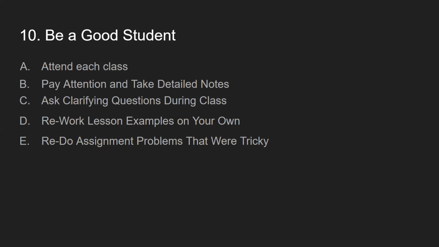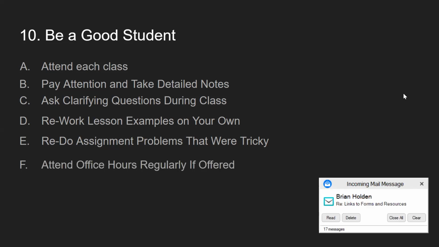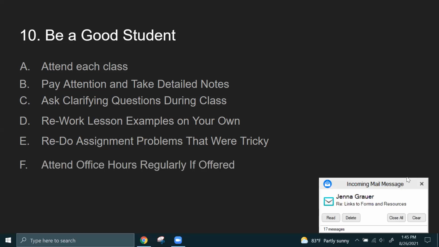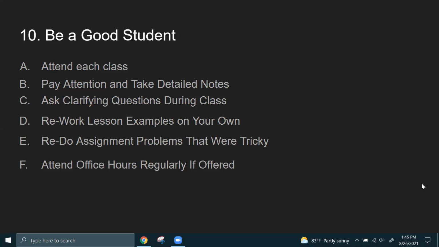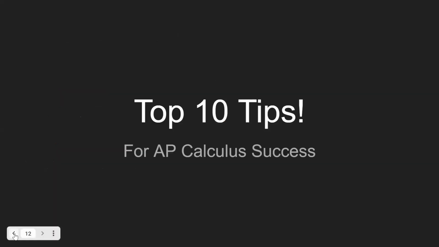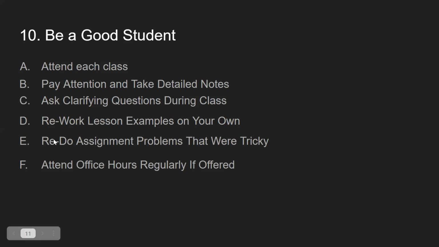Go back over those. And a good thing to do is to attend office hours regularly and go over those problems so that you know the process and the procedure and the steps and how to get the right answer. And then you could rework those as you study.